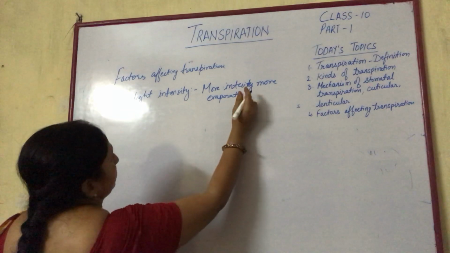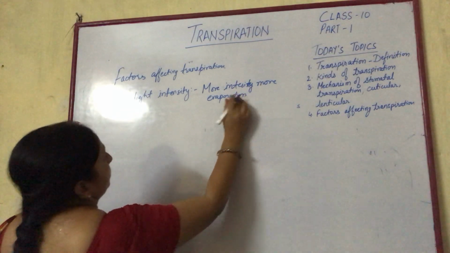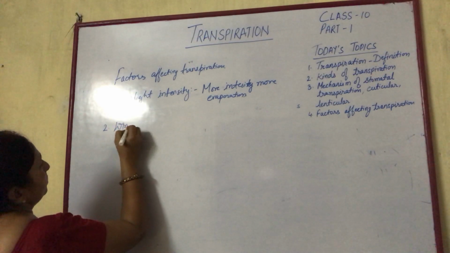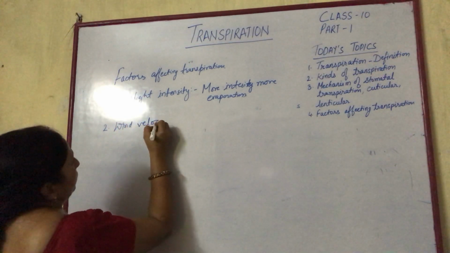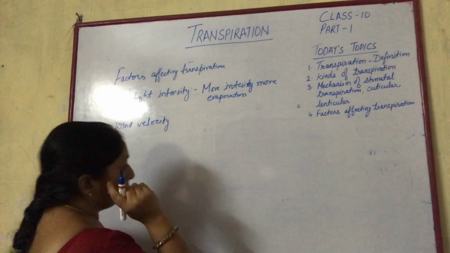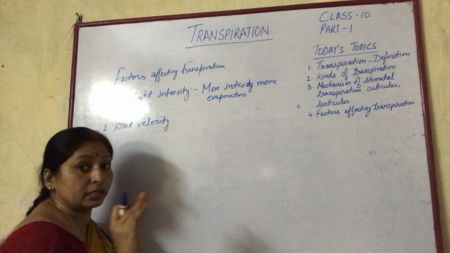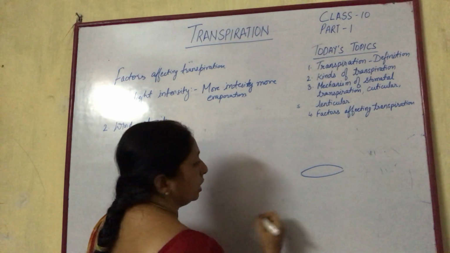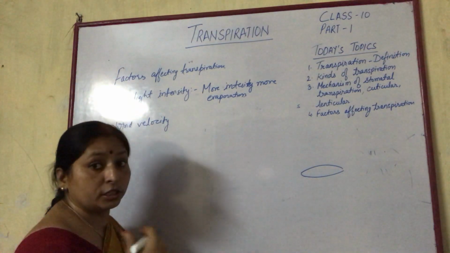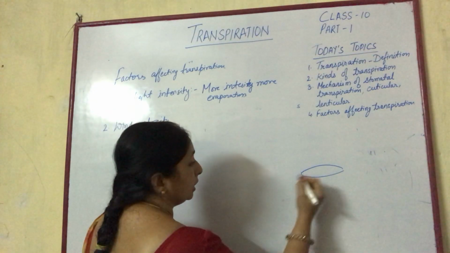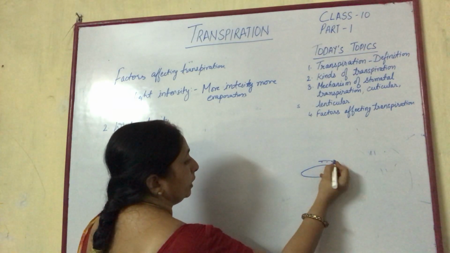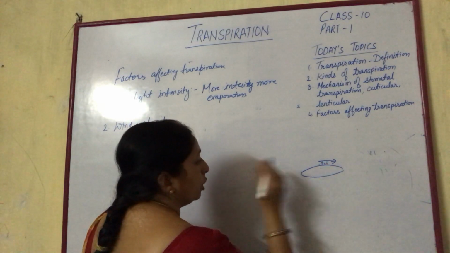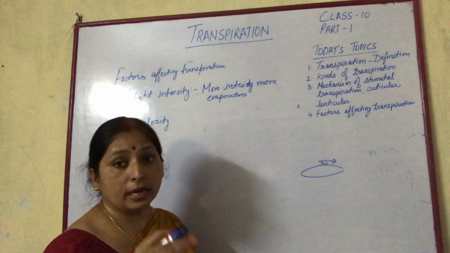Number 2 is wind velocity. As I have explained during the mechanism of transpiration, movement is from higher concentration to lower concentration. In the leaves, if wind velocity is high, then the water vapors deposited here would be drifted fast.